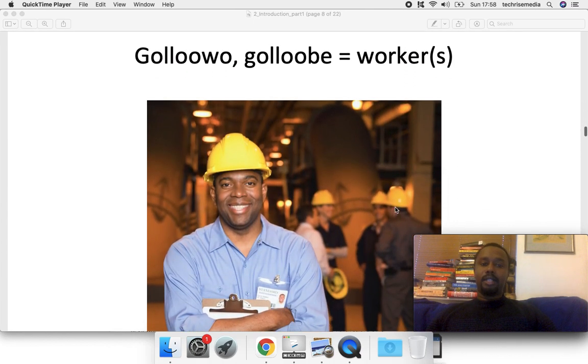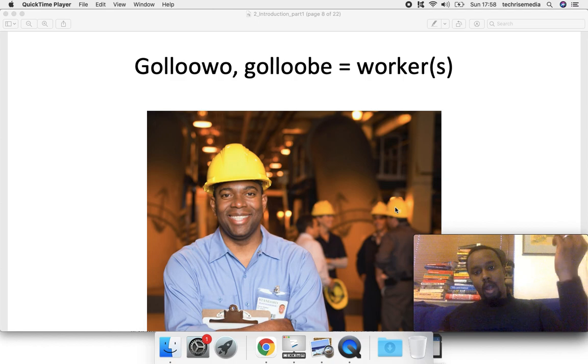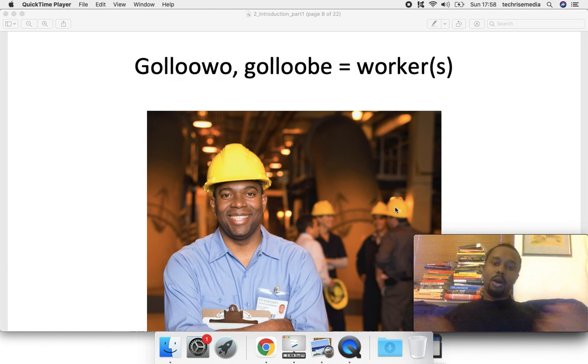And then now this is a worker. So we have gollowo or gollobe, right? So min komi gollowo. So I am a worker. Kambe kobe gollobe. So they are workers. So again, it's a worker and workers, right? So again, the war and the bear.